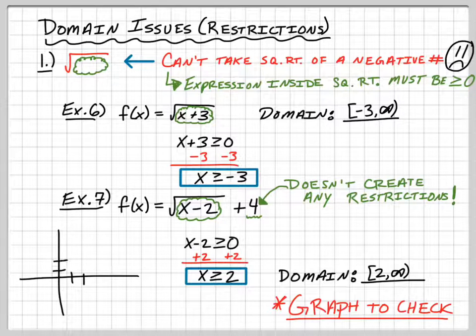So I can actually make a rough sketch right now of this square root graph that got shifted right 2 and then up 4. So yeah, if you look at that domain, the x values from 2 to infinity, yep. And now you could actually kind of observe the range here too. It looks like that'd be 4 to positive infinity.